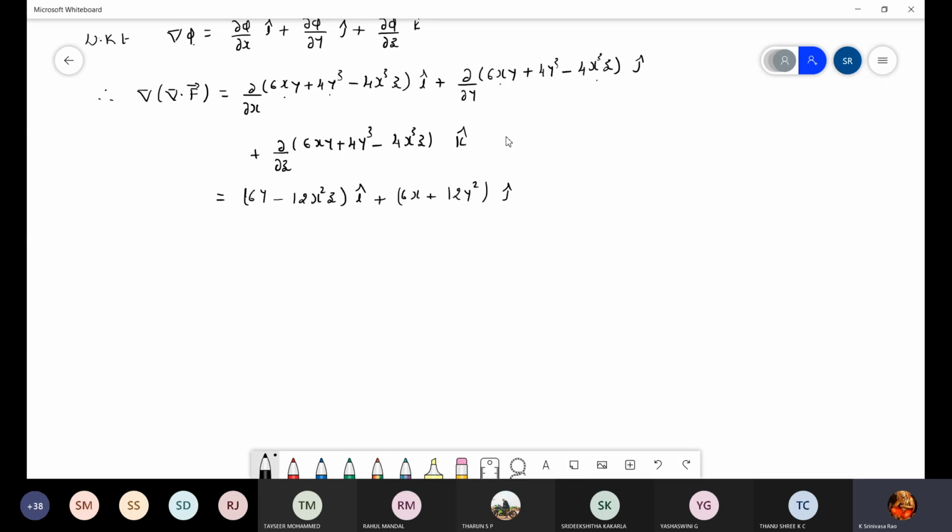Finally plus with respect to z, the first term is 0 and the second term is 0, so you will get minus. Z differentiation is 1, so you will get minus 4x cube, k cap. This is, according to our question, grad of div f.